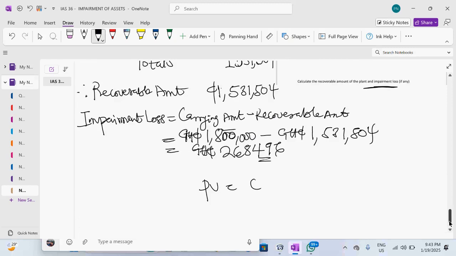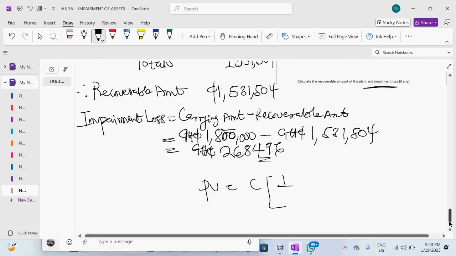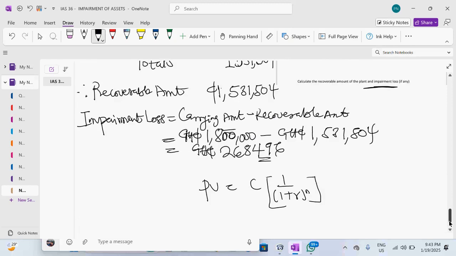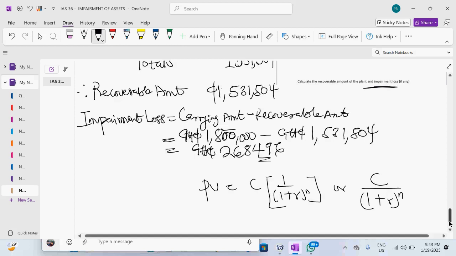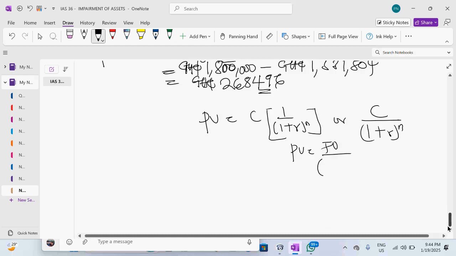That is 1 over 1 plus R. So we multiply the cash flow by the discount factor, or we can say this is the same as C over 1 plus R. Remember that present value is equal to future value over 1 plus R. Do you remember this formula? Yes.